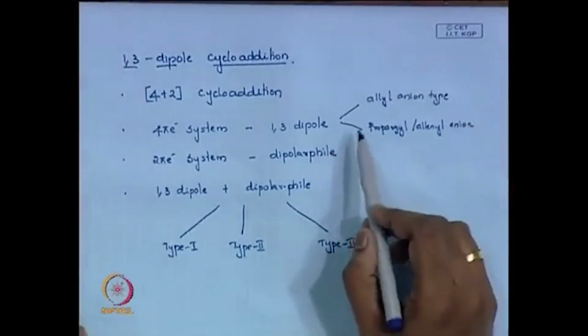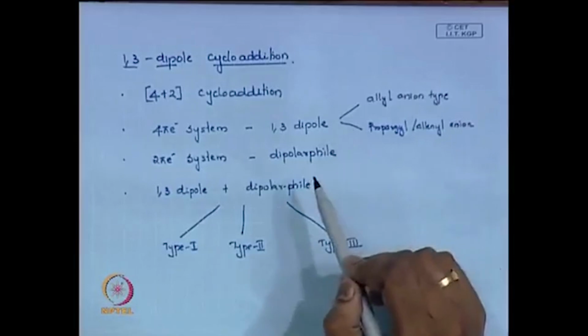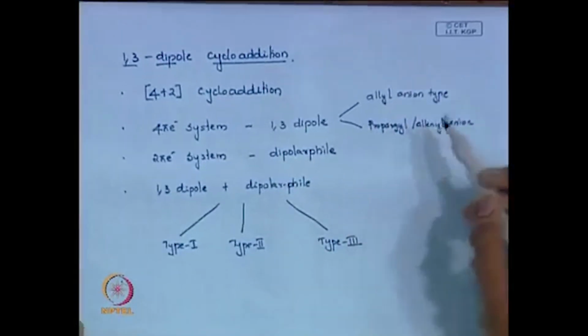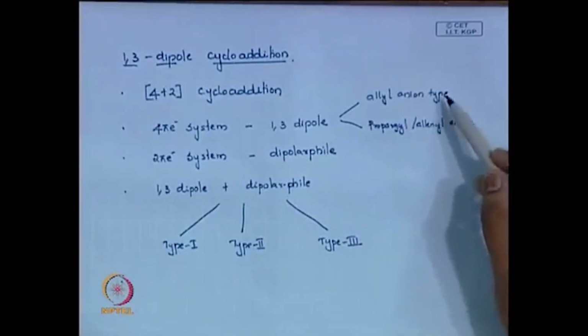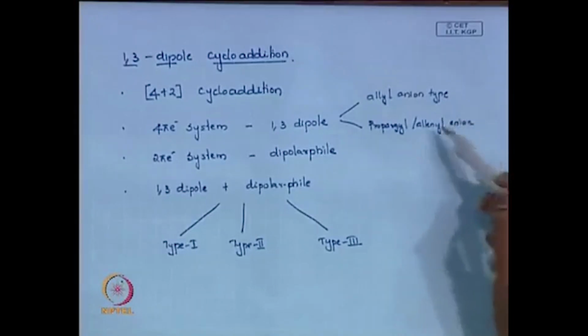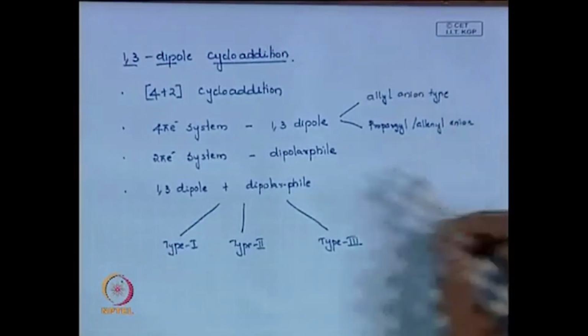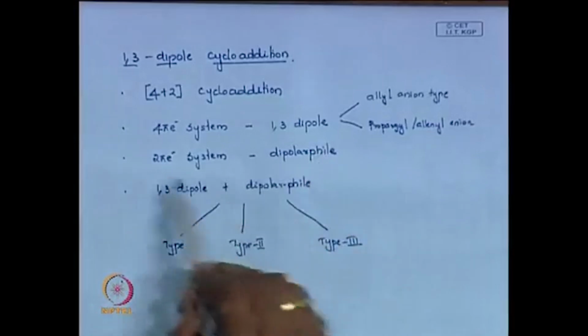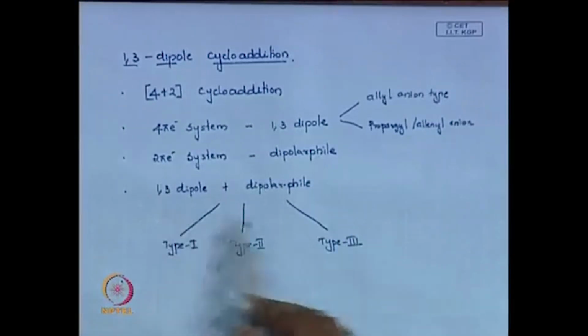So, that is how you can classify your 1,3-dipole. Okay. 2 types, and we have seen several classifications based on them. Allyl anion type, you have a lot of ozones and nitro compounds. Propargyl, you have seen azides and all these things. And this is your dipolarophile, and you can classify them in 3 types.